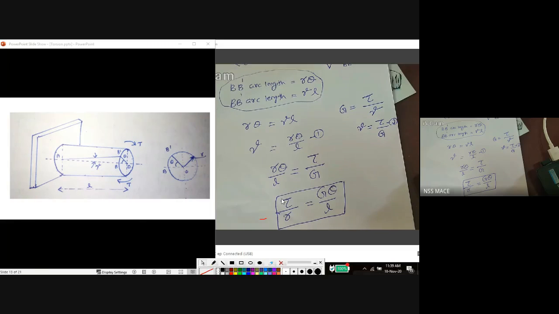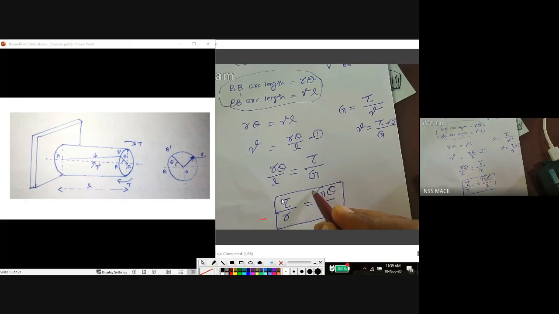In this equation we can see G is a constant. For a material, G will be a constant. Length will also be a constant for a particular length of shaft; L will not vary.